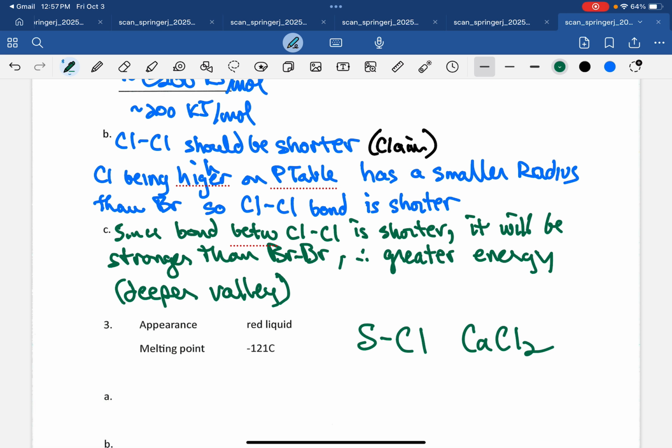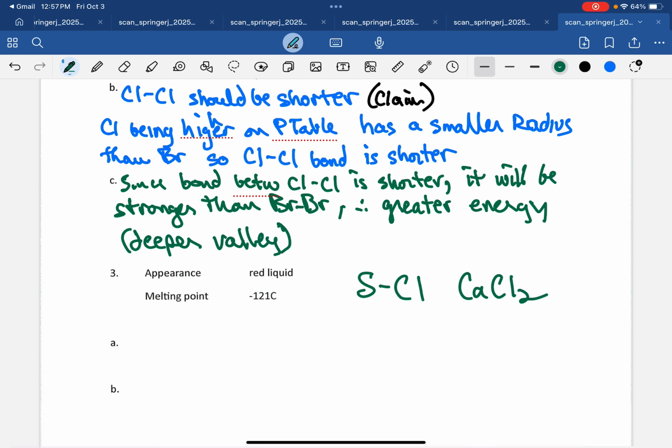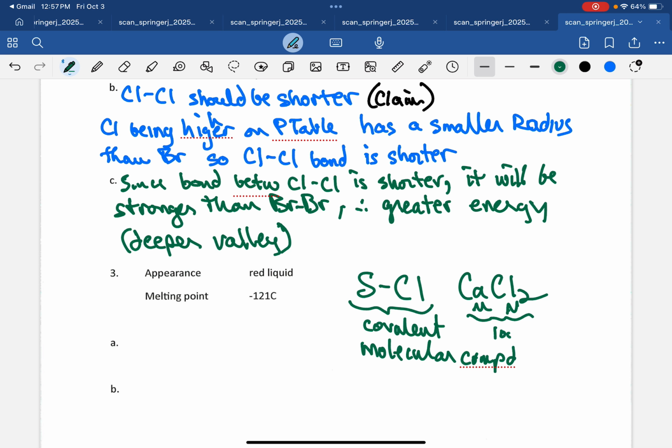Well, what you need to keep in mind here is sulfur and chlorine are both nonmetals, so that makes this a covalent bond and a molecular compound. And the calcium and chlorine, that's a metal and a nonmetal, so this is an ionic bond, which is an ionic compound.